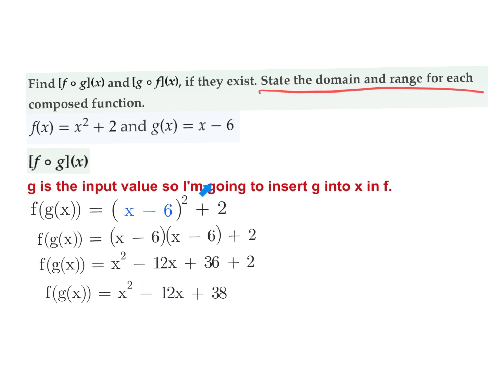What kind of graph is this going to produce? Let's think about what it's going to look like. It's a quadratic, so what is the graph for a quadratic? Yeah, it's a parabola. Is it going to open up or down, and how do we know? X squared is positive, right?